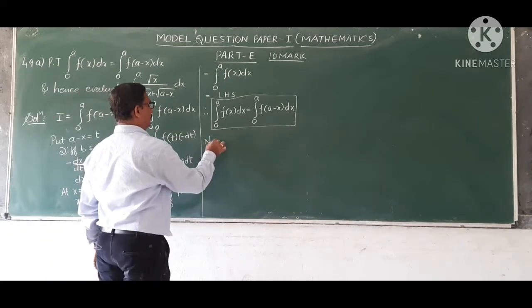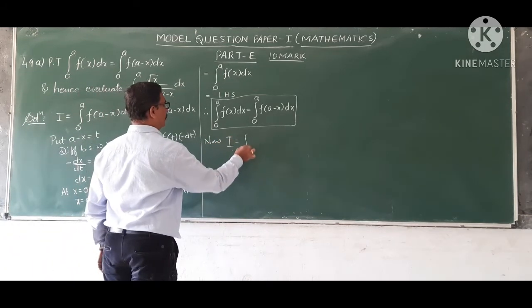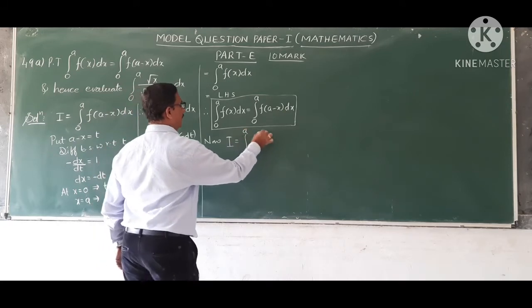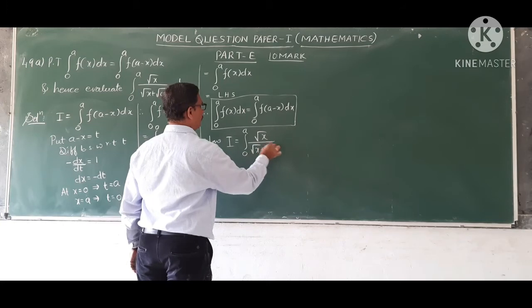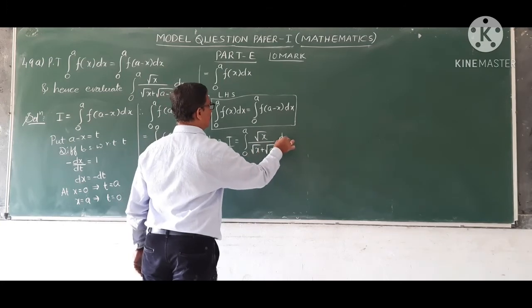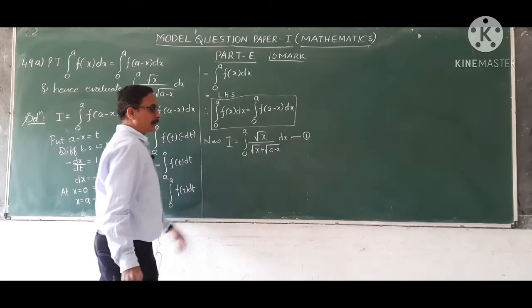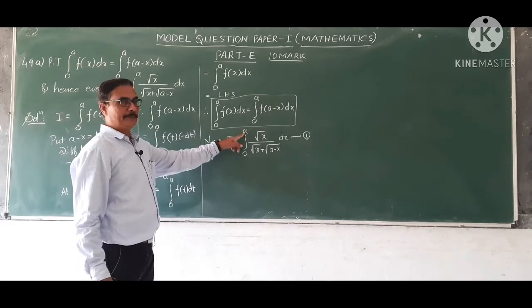Now take the problem I is equal to integral from 0 to a root x divided by root x plus root of a minus x with respect to x. Clearly lower limit is 0, upper limit is a finite value.